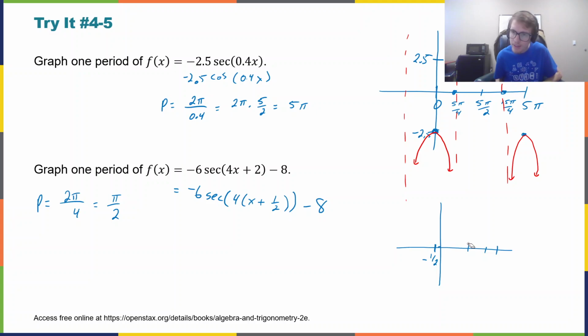Now that means my period is pi over 2, so let's actually, I'd like to modify this question a little, but I'm not going to. These values are going to be kind of ugly, okay? So we're going to have an endpoint over here. You add pi over 2 to this.